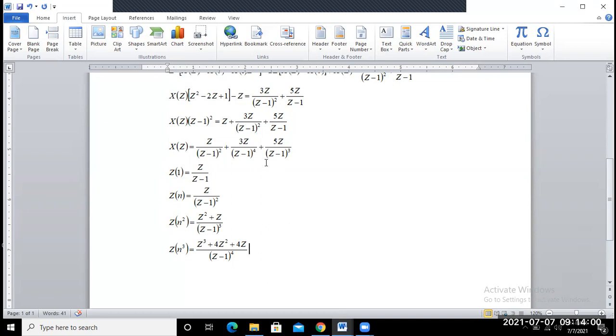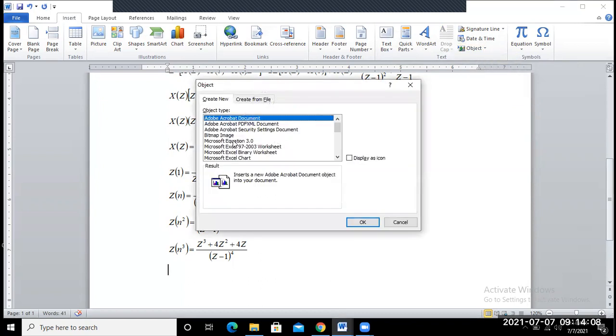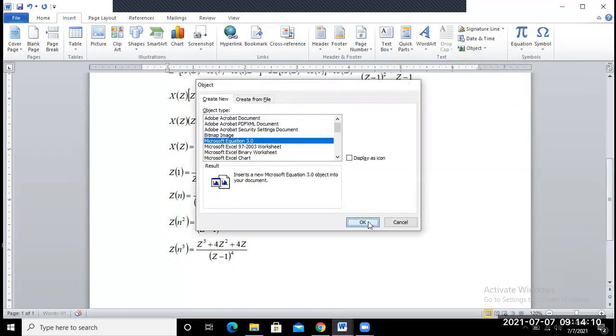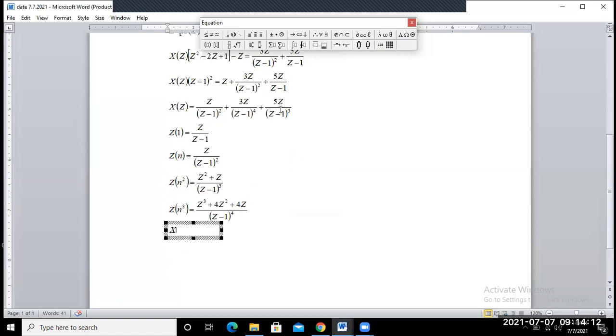Okay, so maybe write here X(z) equals z by z minus 1 whole square. The first term is the same as the previous one.